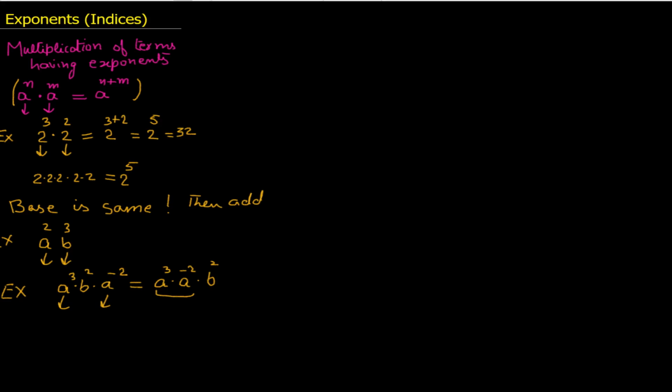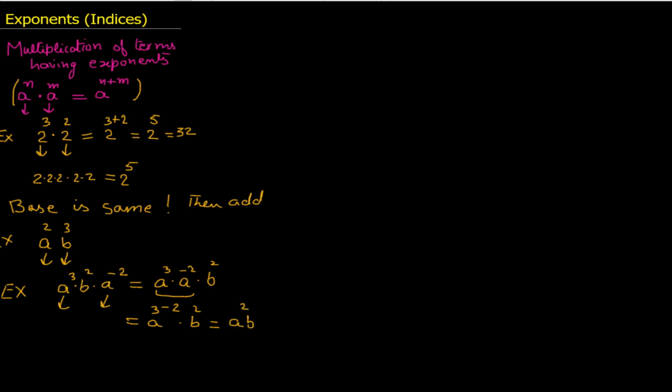So we can say that this is equal to a raised to the power, the addition of 3 minus 2, which is 3 plus minus 2, which is 3 minus 2, multiplied by b raised to the power 2, which is equal to a raised to the power 1, which is a, as I explained earlier, and b raised to the power 2.